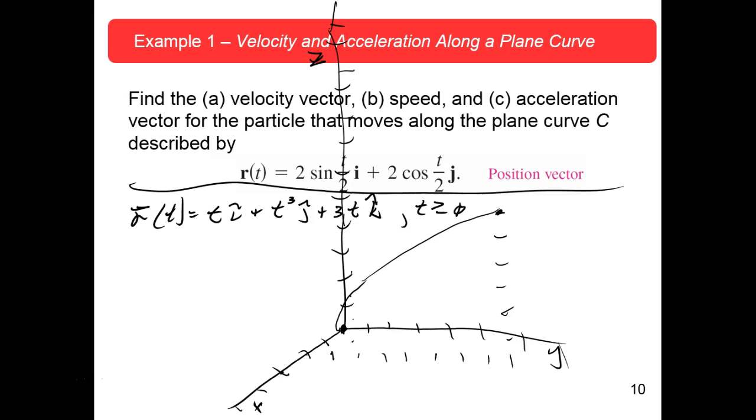Okay, find the velocity and acceleration vectors when t is equal to 1. Well, of course, you find them first. What is your velocity vector? It's the first derivative of your displacement vector, which would be i, 3t squared j, plus 3k. All right? Let's go on and do our acceleration vector since we're thinking about it.